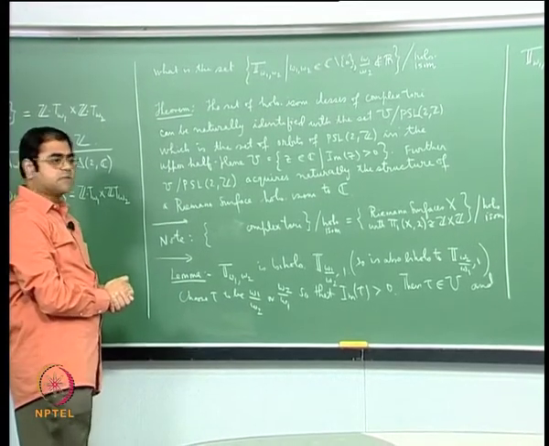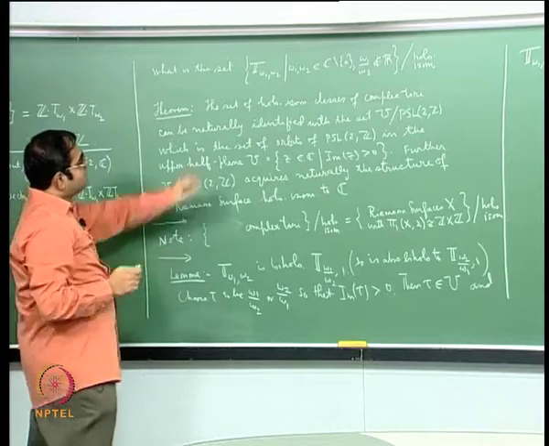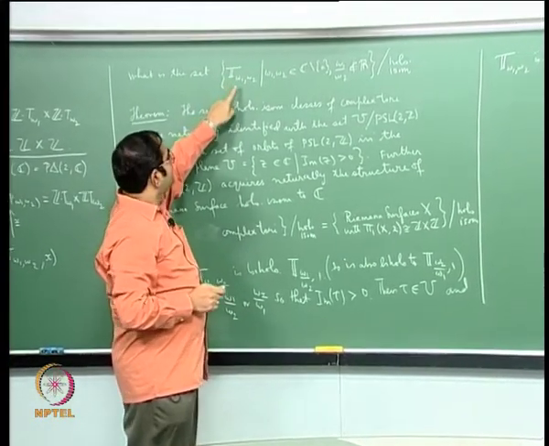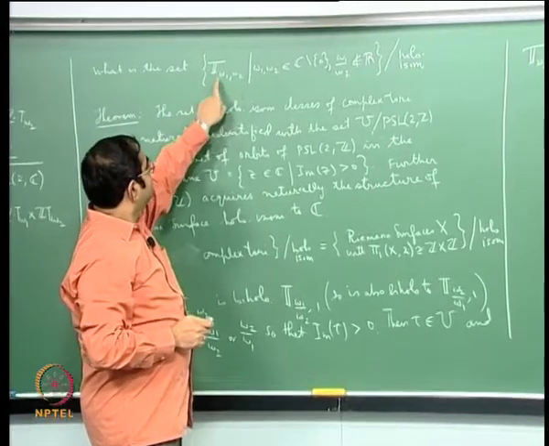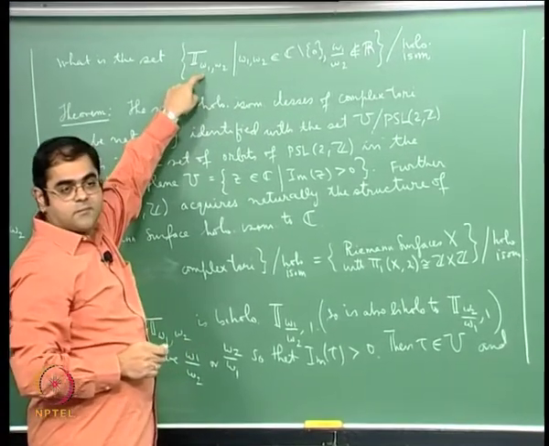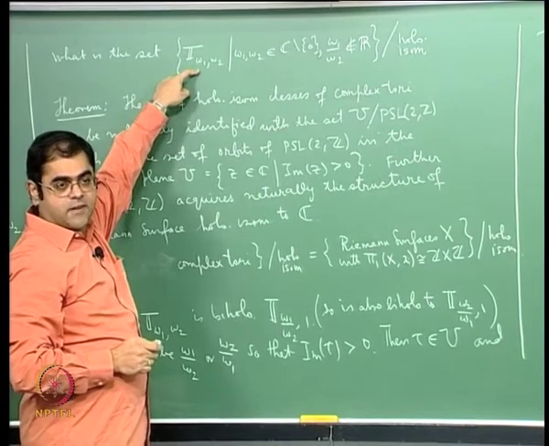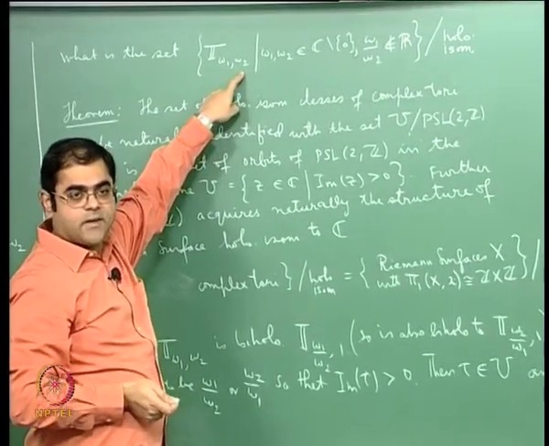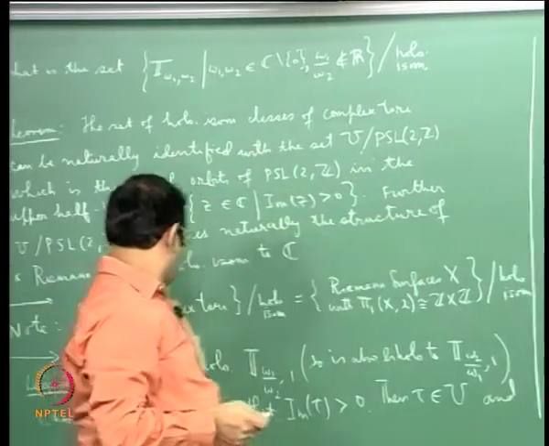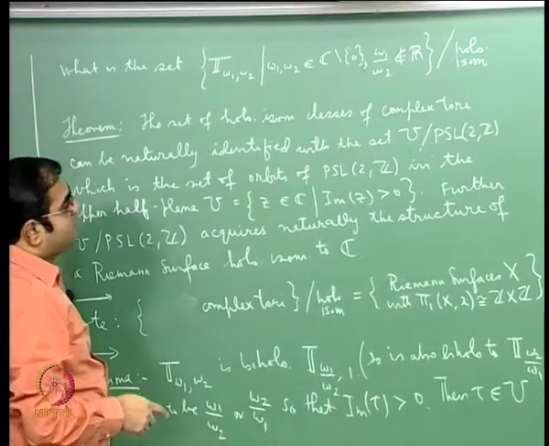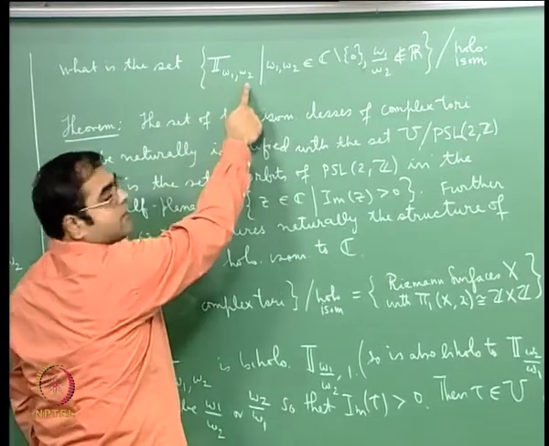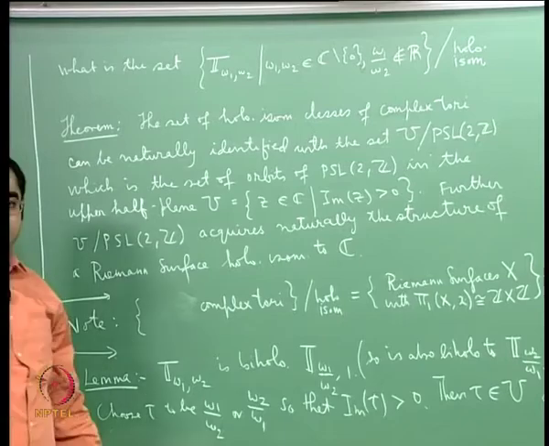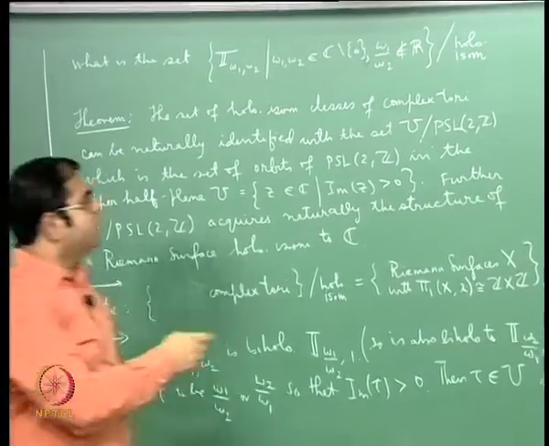The moral of the story is that instead of looking at all possible tori like this, it is enough to normalize these two complex numbers in such a way that one of them is an element of the upper half plane and the other one is 1. So what this lemma says is that it is enough to look at T tau comma 1 with tau in U.